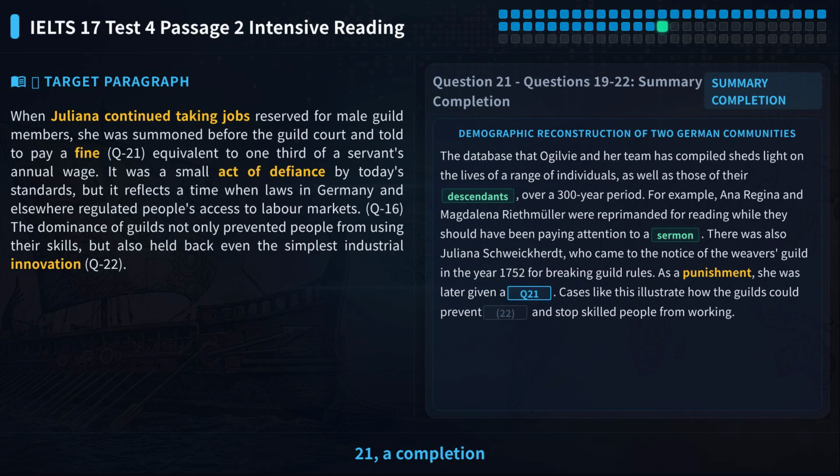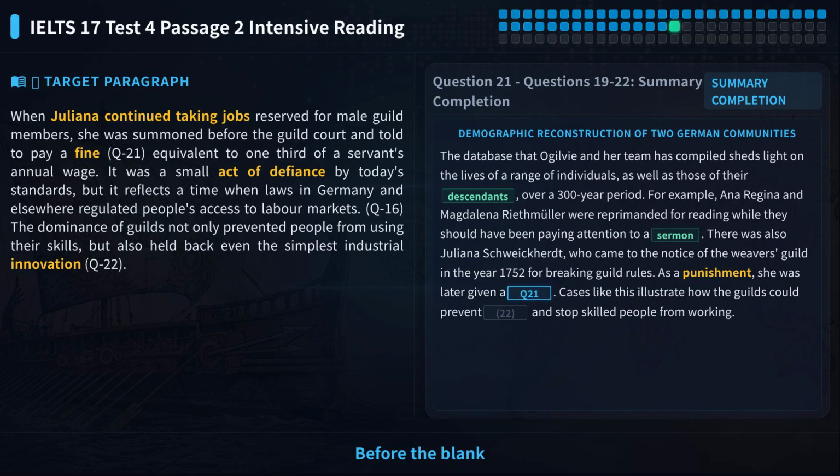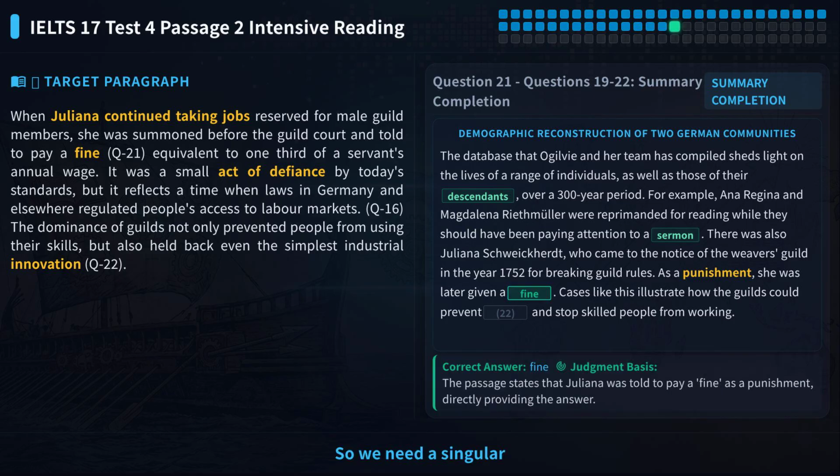Let's look at question 21, a completion question. The statement says Juliana was summoned before the guild court and told to pay something equal to 1/3 of a servant's annual wage. What is that something? Before the blank we have pay a, and after it equivalent to. So we need a singular noun that means a financial punishment.